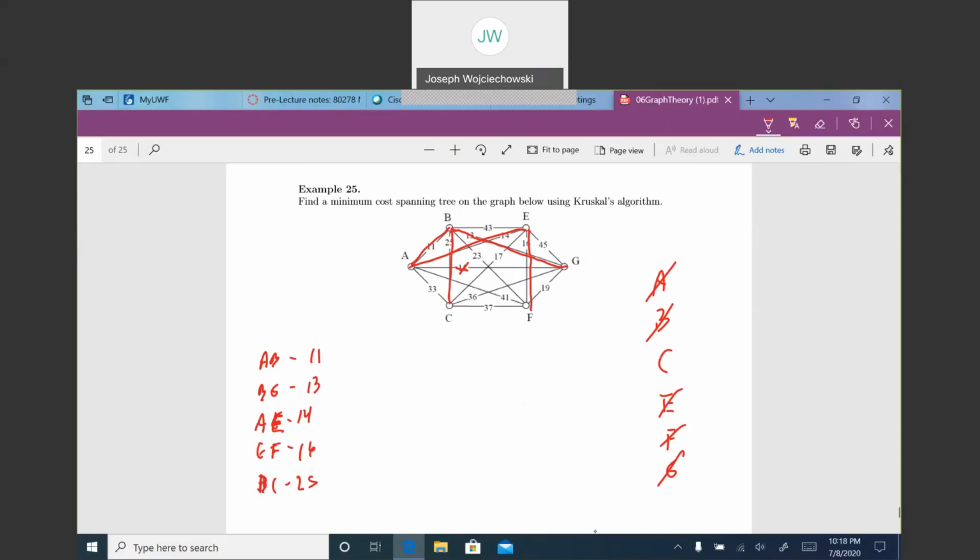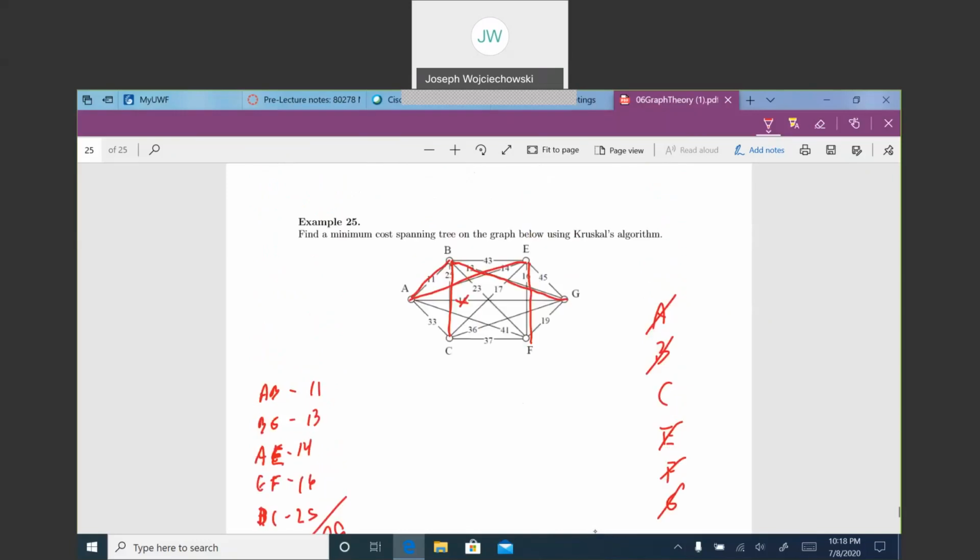And there we go. We can get to every vertex from every other vertex. There are no circuits. So let's see what our weight of our spanning tree is. And this weight is 79.